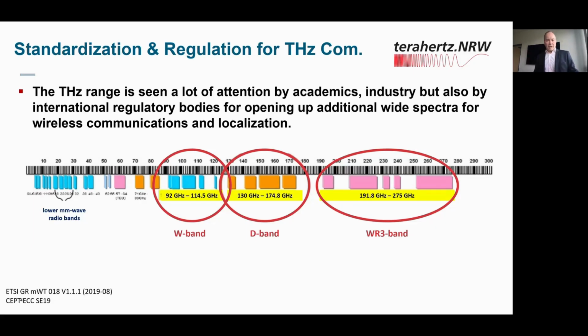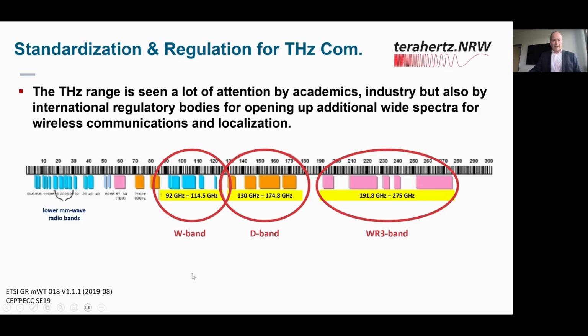What I mentioned during my presentation is that there are two major regulation bodies in the United States and also in Europe that are currently regulating higher frequencies for communications. It is not necessarily defined whether mobile or fixed, but at least they are opening these frequency bands for communications.